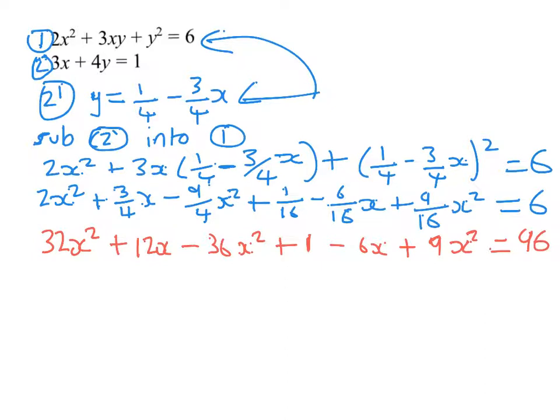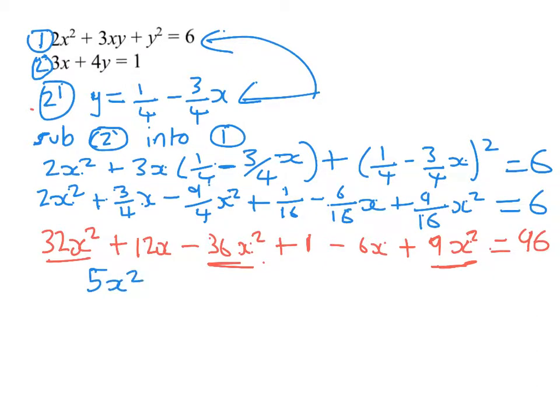Right, it's a bit of a war of attrition, this is. Don't be put off if you find these taking time, because I'm doing it here, and I've done these for years. It's taken me time. Let's just rearrange everything. Let's put together all my x squareds. So I've got 32x squared minus 36x squared plus 9x squared, which gives me 5x squared.